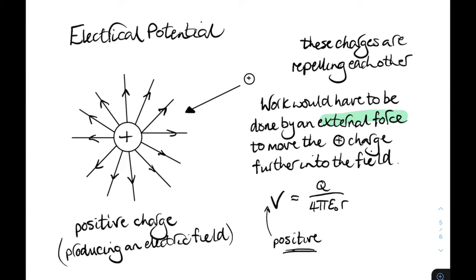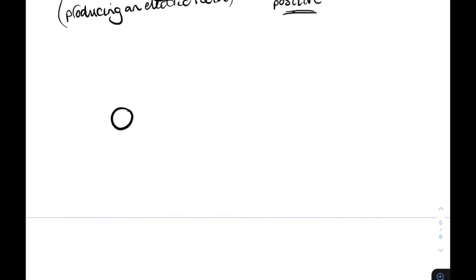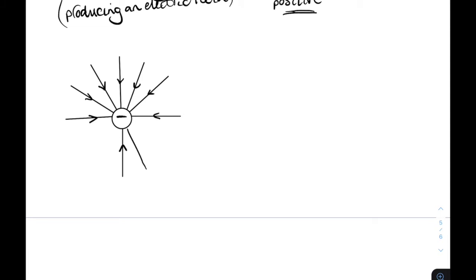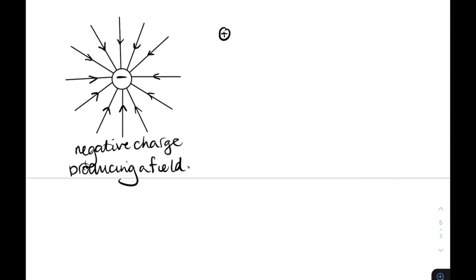Now the opposite then is true if we have a negative charge. If we very quickly draw a negative charge here, we get a kind of similar scenario to what we had with a gravitational field, the arrows are pointing in. So if we've got a negative charge and there's an electric field around that negative charge, if we bring a positive charge close to it, then we don't have to do any work at all to get that charge more into the field, because these two charges are attracting.